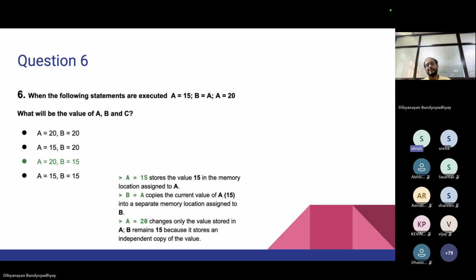No, sir, because we haven't defined a variable C. Sir, I think it will print a junk value. Will it print or not print? It will print a junk value. If it is not defined, then it cannot print anything, right?